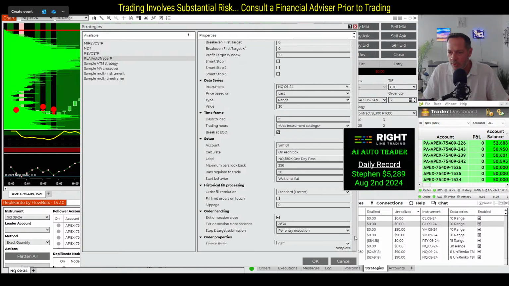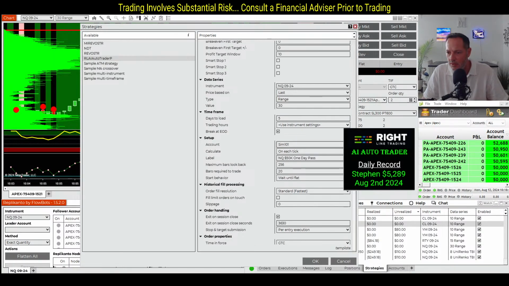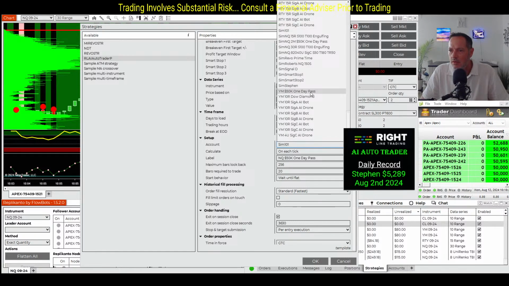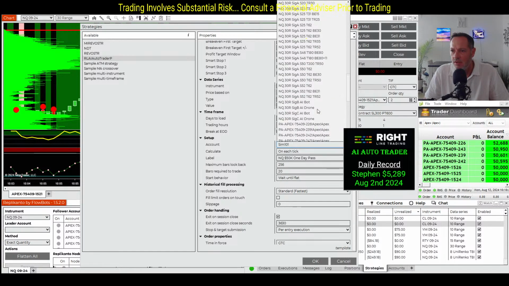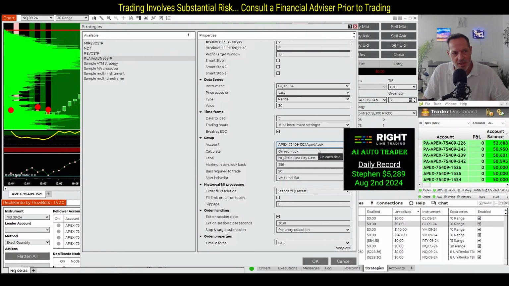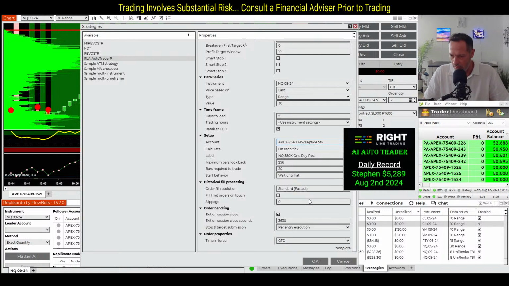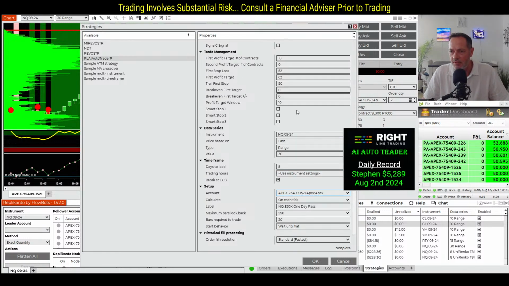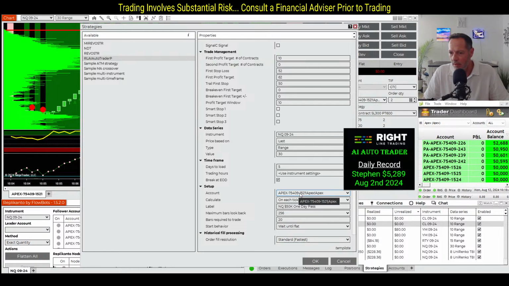So this is our ODP strategy, and it's a template that's in our portfolio that you would get. This one's designed to help us get over the evaluation stage with one trade. So that's the goal of this one, to try to pass this evaluation with one trade. The strategy that I have set up is the NQ30 range ODP, and I'm running it on this account right here, 521.